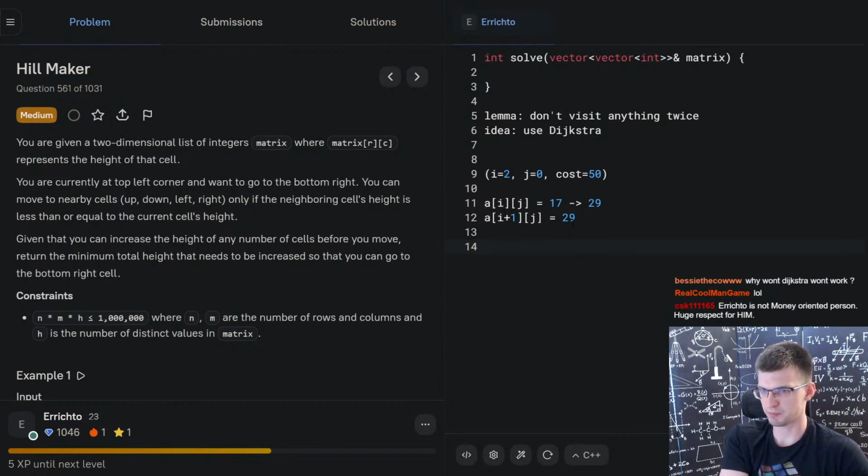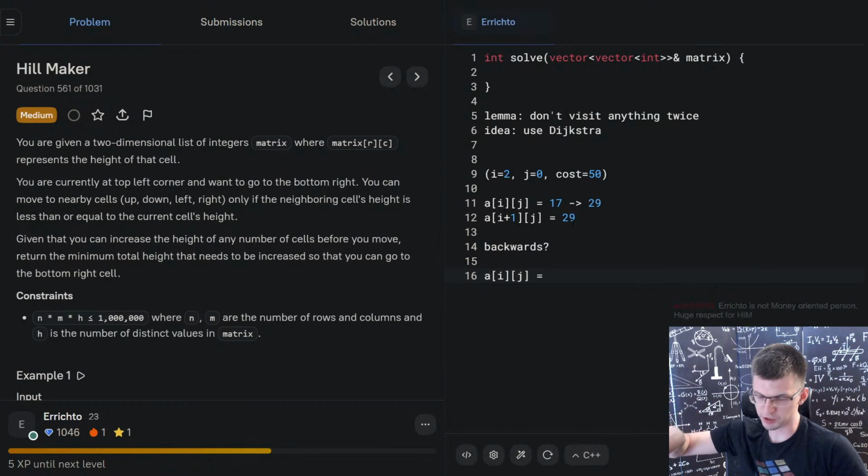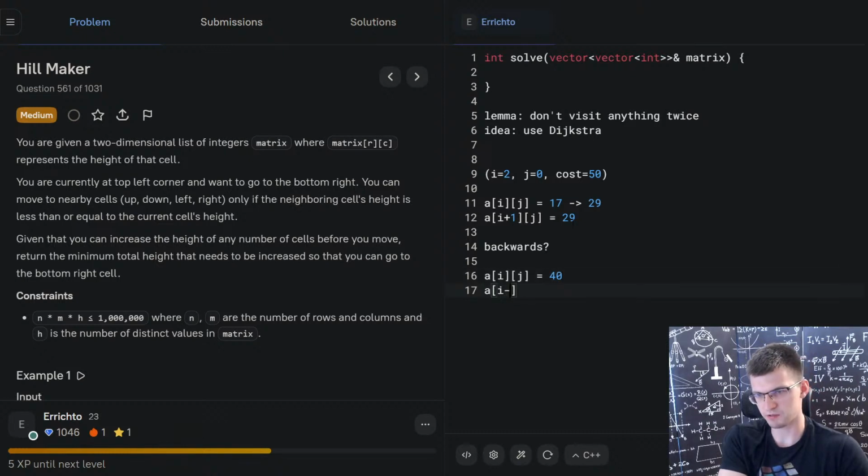Instead, maybe we should go backwards, because then you go from bottom right and you are in some cell, let's say with value 40. Now you see a neighbor, and backwards you can go up, right?